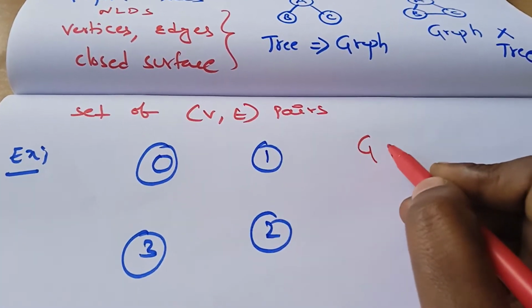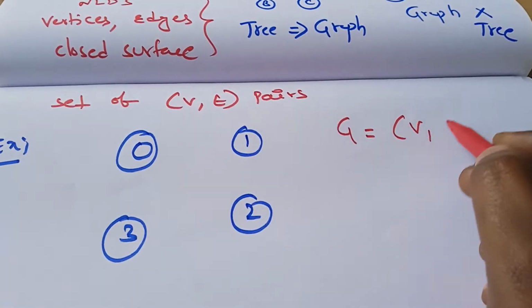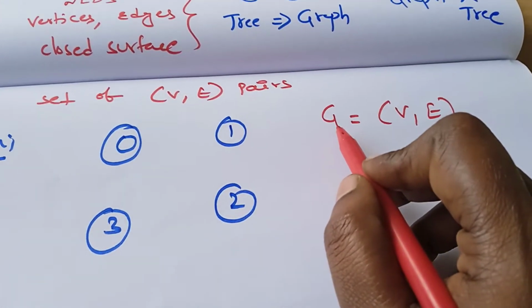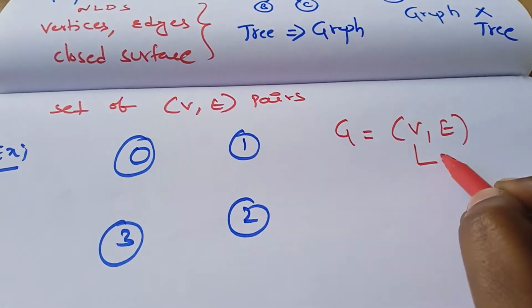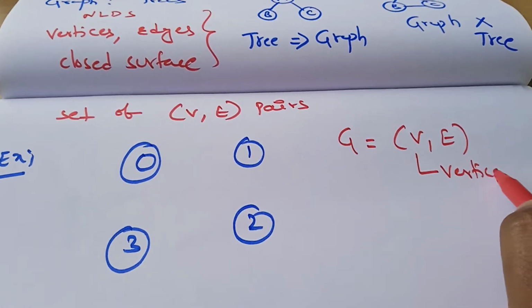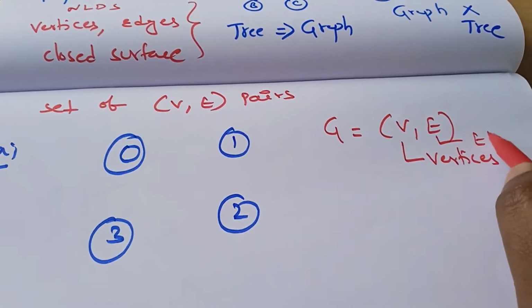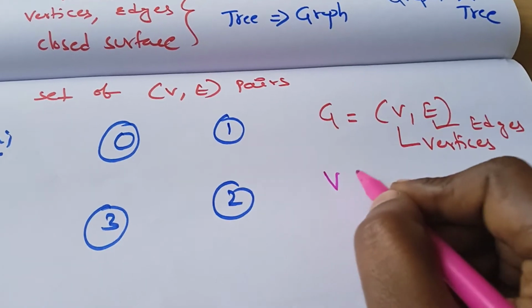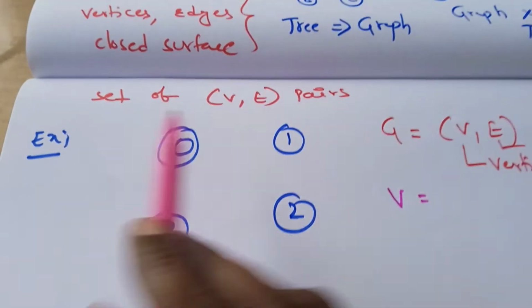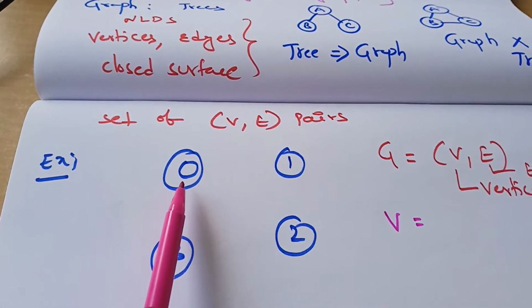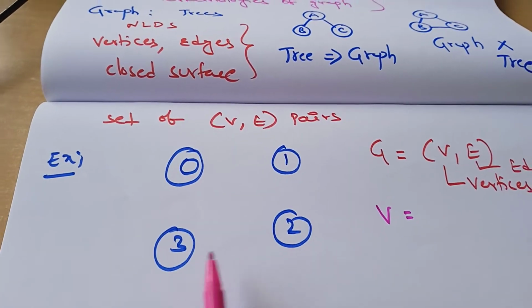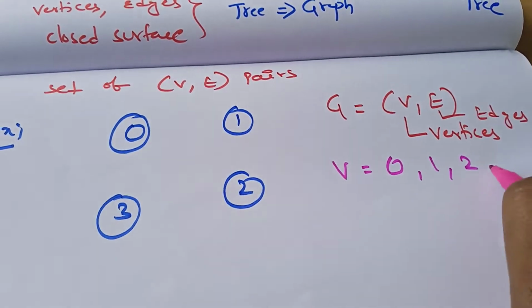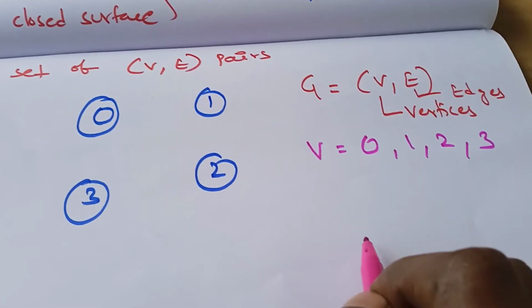Now let us assume G is a graph, then G is equal to V comma E, where V is vertices and E is edges. What are the vertices here? 0 is a vertex, 1 is a vertex, 2 is a vertex, 3 is a vertex. So V is equal to 0, 1, 2, 3.